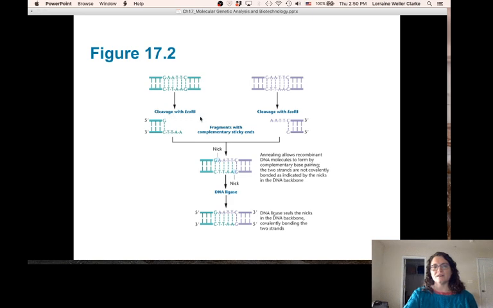You cleave it with EcoR1, CTTAA sticking out, AATT sticking out. And then these can stick directly together. And once they're stuck together with the hydrogen bonds, bacterial cells can detect those double breaks and go fix it with DNA ligase. Okay.